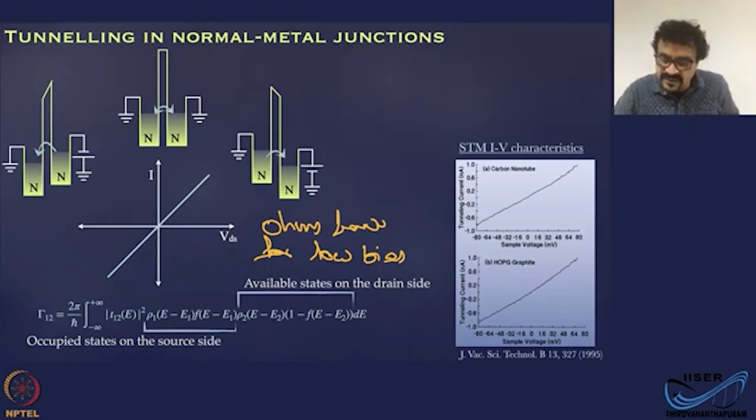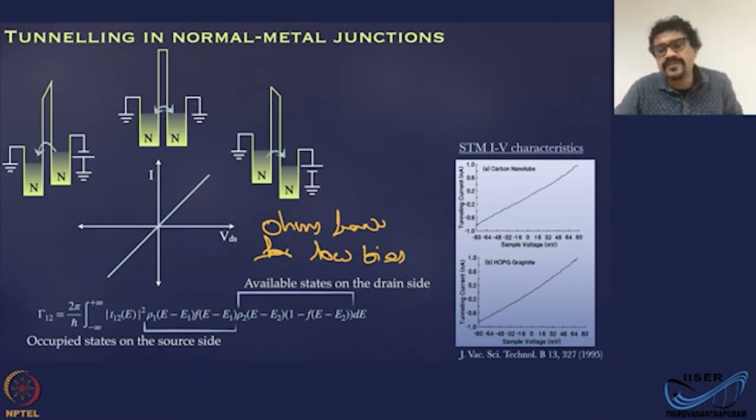That is also more or less linear. So you have an STM tip with a small tunneling gap, which is either air or vacuum, and electrons can tunnel from the tip to the substrate, similar to the mechanism that we explained here. The tunnel current is more or less linear, and it's ohmic behavior.